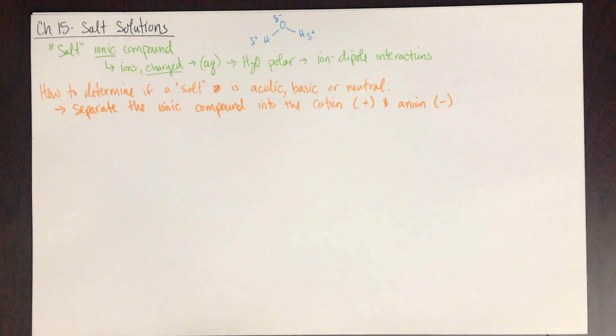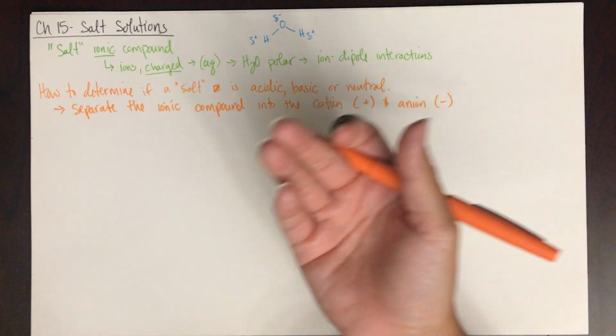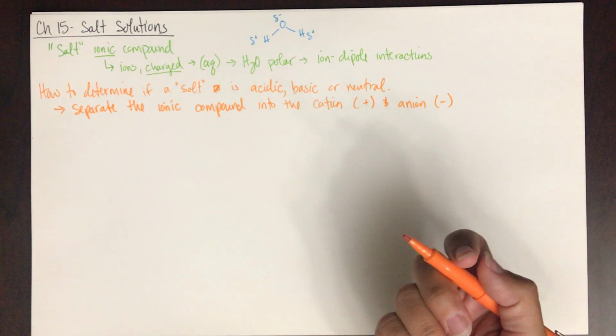And then we're going to look at both of these and determine if a salt is acidic, basic, or neutral. So all of this is kind of nebulous, not very specific. So let's just use an example to see what we're really talking about.